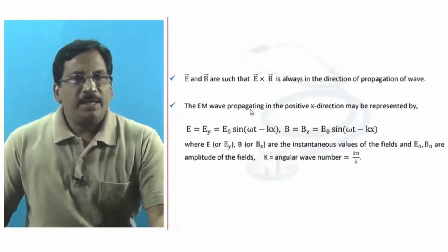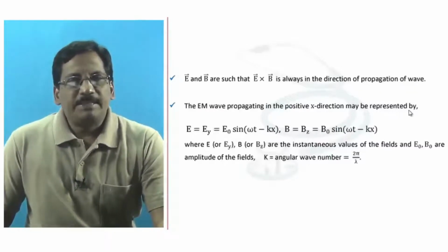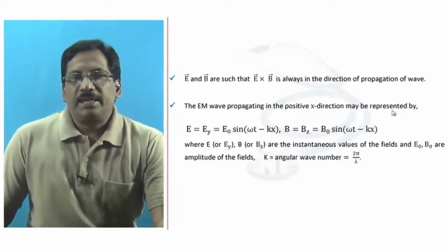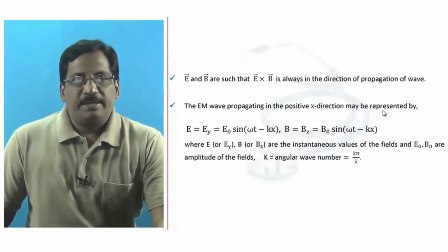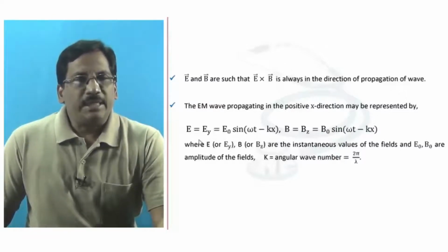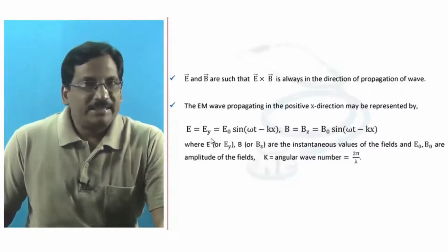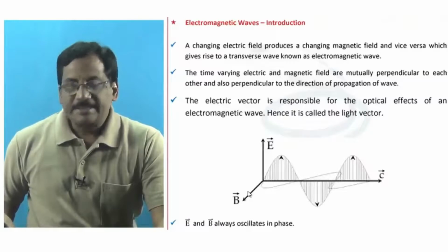The electromagnetic wave propagating in the positive x direction may be represented by its electric field component and the magnetic field component by its instantaneous values as E along y axis, as shown earlier in our figure, and B taken along z axis.